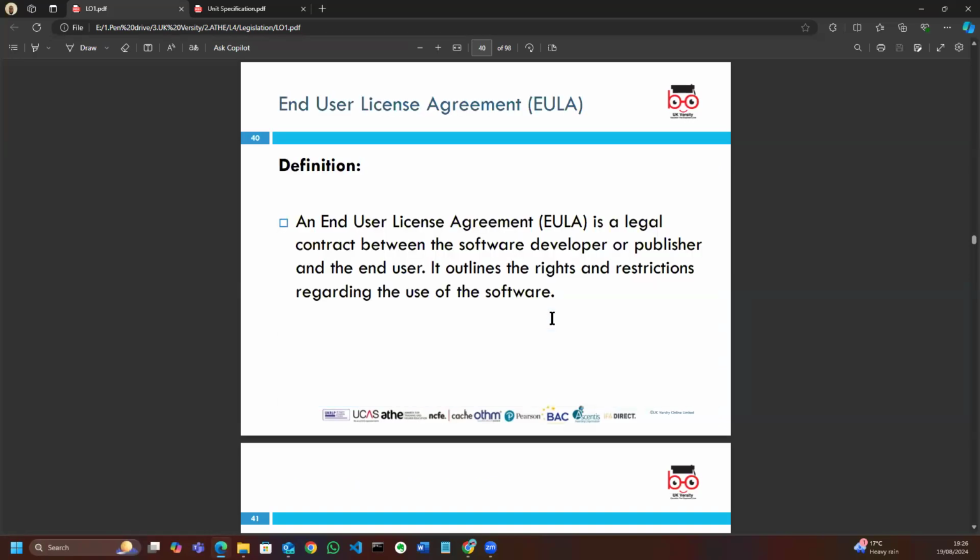Also, we have to be aware of the end user license agreement. By definition, an end user license agreement is a legal contract between the software developer or publisher and the end user. This is going to outline the rights and restrictions regarding the use of the software.